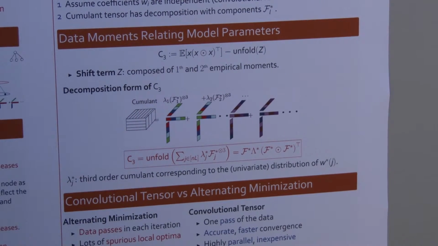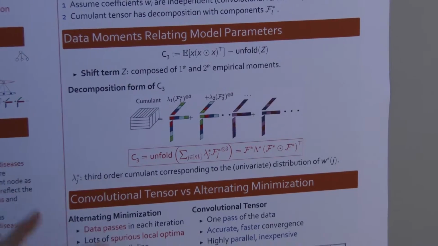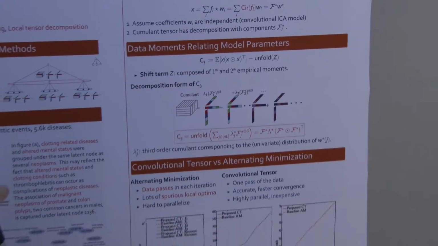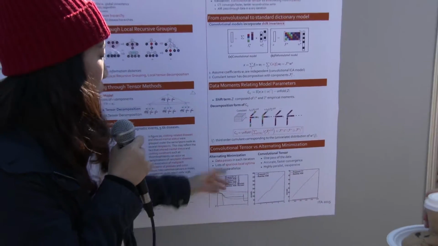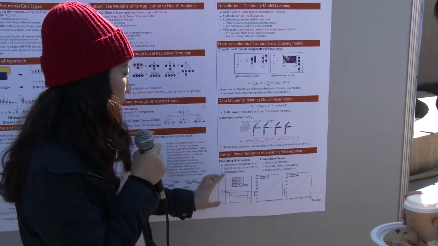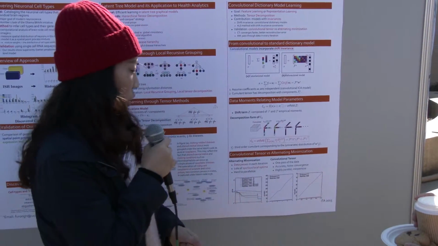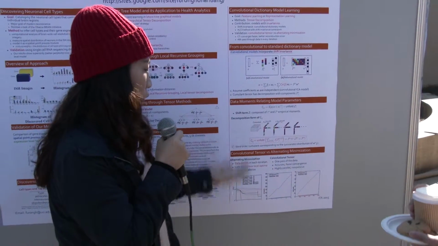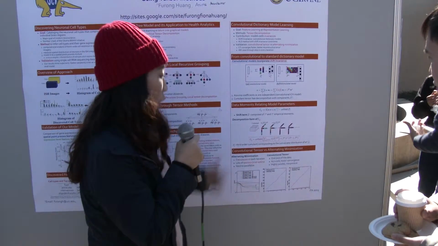You can find the details in the paper, but we compare this with the alternating minimization algorithm, which is usually used in this kind of convolutional model setting. The drawback is that you have to do data passes in every iteration of alternating minimization. Also, there are lots of spurious local optima that you cannot avoid, and it's very hard to parallelize.